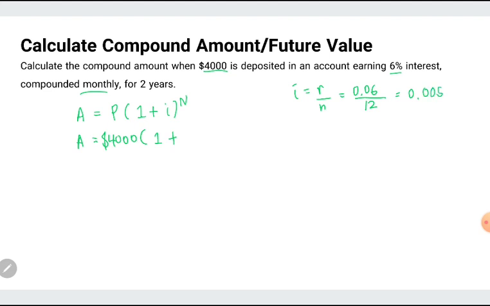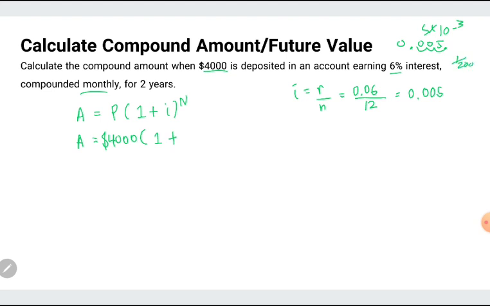0.06 divided by 12, I would get 0.005. In your calculator, it might have appeared as 5 times 10 to the negative 3. That just means you have to move the decimal place 3 places to the left. So 5, your decimal place is right here: 1, 2, and 3. So you will get 2 zeros before 5. In some calculators, it would be 1 over 200.